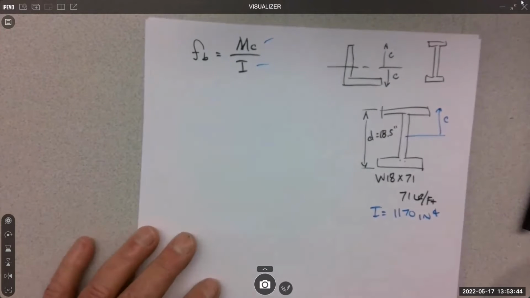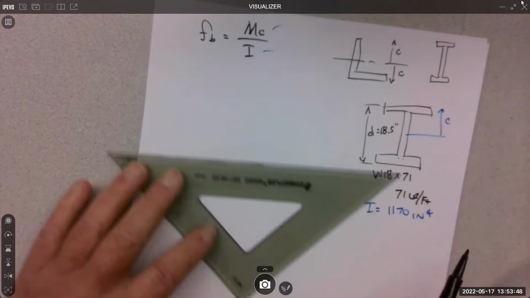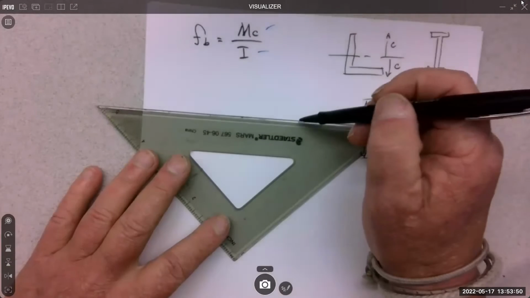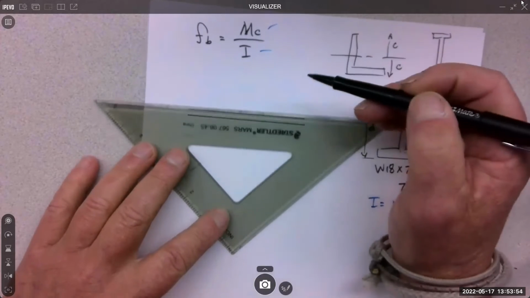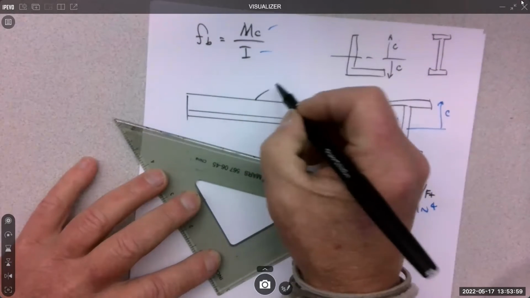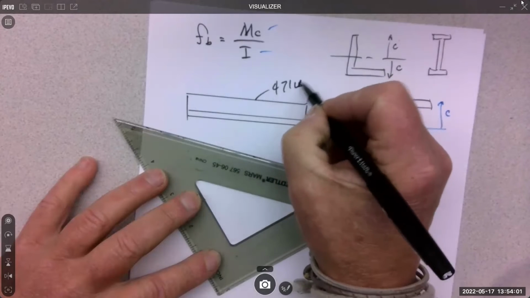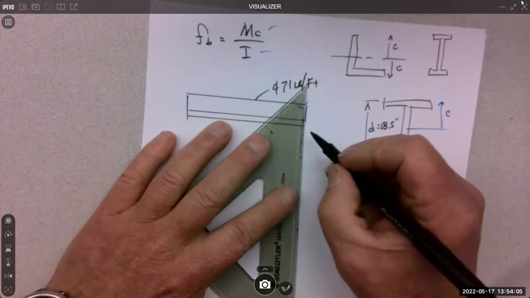It was a distribution, simply supported, no side load, right? I think the distribution is 471 pounds per foot. What's the span?